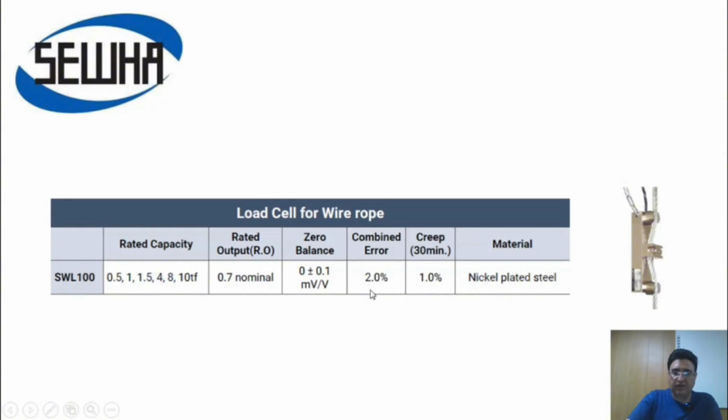The combined error of these load cells is 2%, and as we mentioned earlier, these load cells are mainly used for overload protection, not for weight measurement. This is because their error is higher compared to other load cells, and that's why we use these load cells specifically for overload applications. Their body is also made of painted iron.